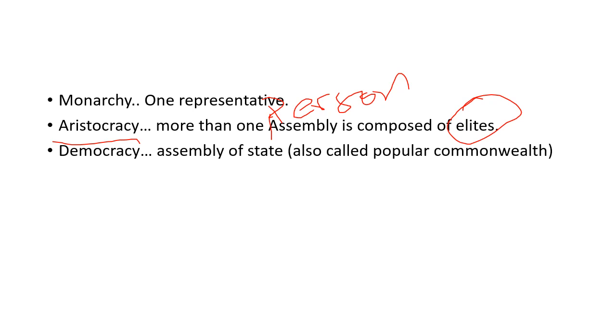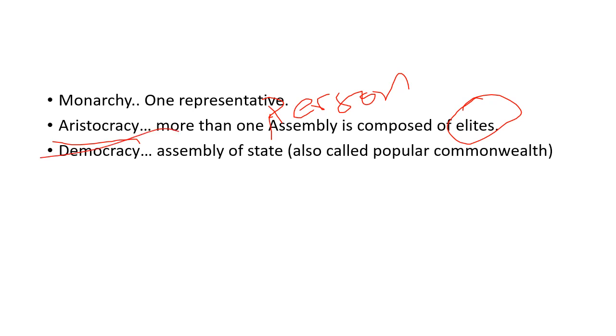So in monarchy, one person holds the sovereignty and is the representative of the sovereignty, while in aristocracy there is more than one person. It's an assembly that represents sovereignty or the Commonwealth, but that assembly is composed of elites. Then such a type is called aristocracy.